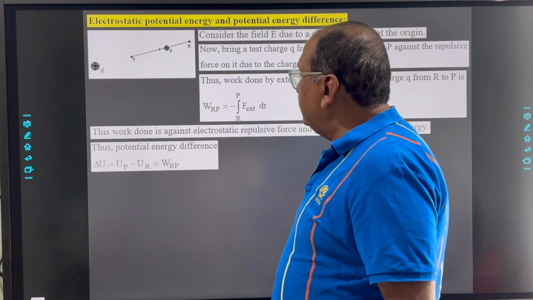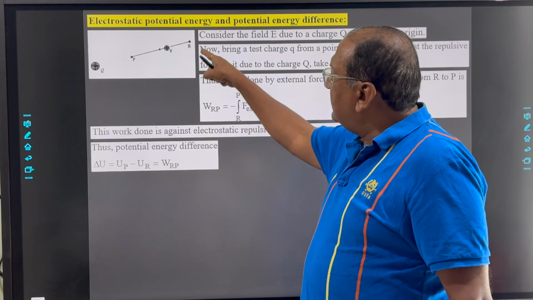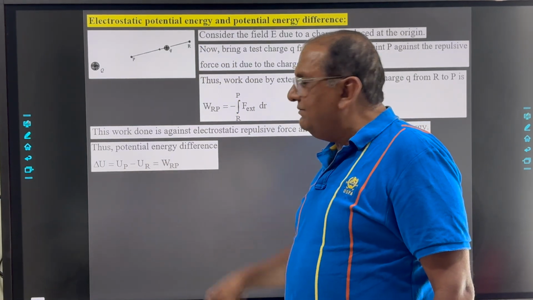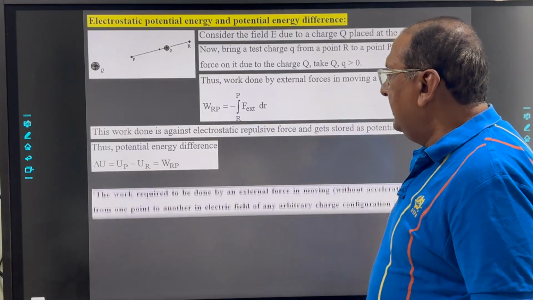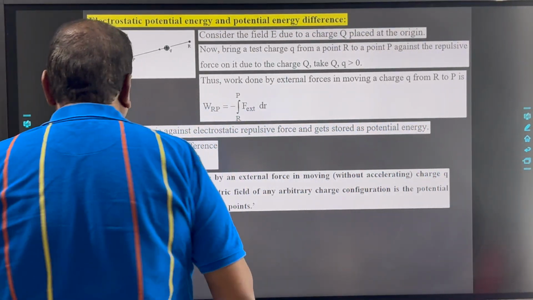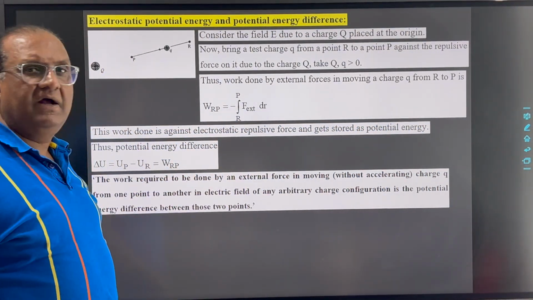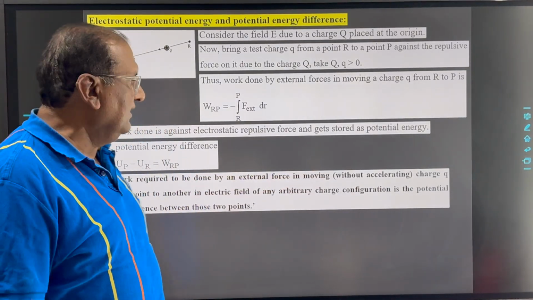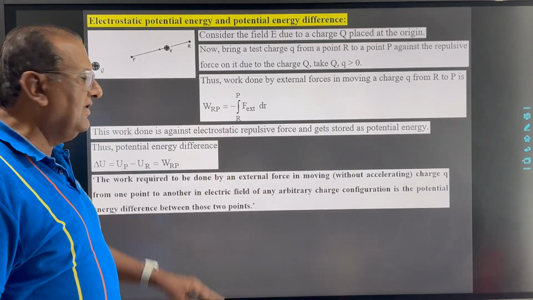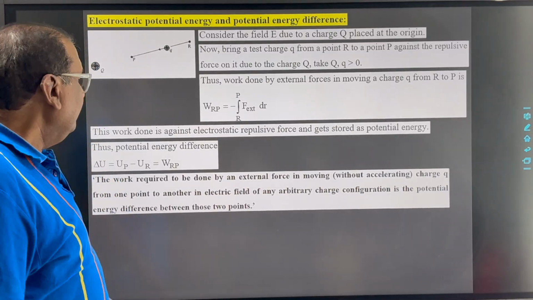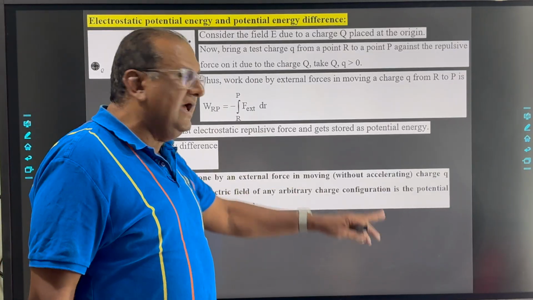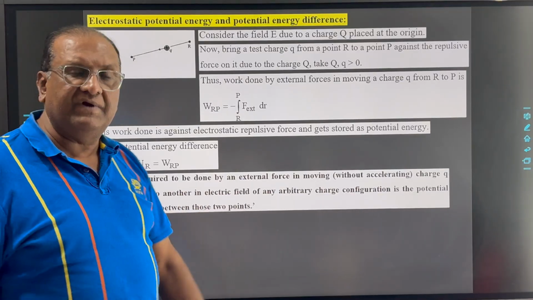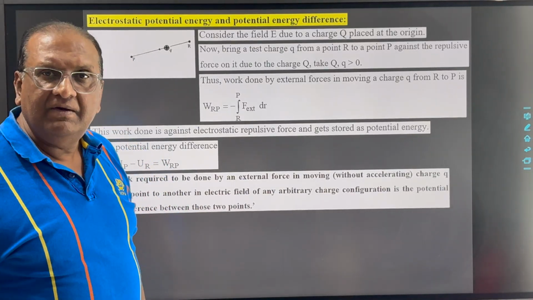So the potential energy difference, that is the work done to move it from R to P, is UP minus UR. So here we can write the work required to be done by an external force in moving, without acceleration, charge small q from one point to another point in the electric field of any arbitrary charge configuration is the potential energy difference between those 2 points.